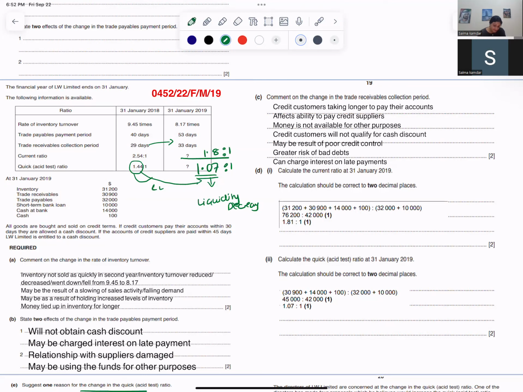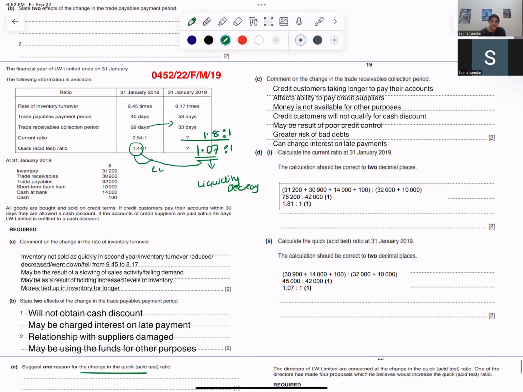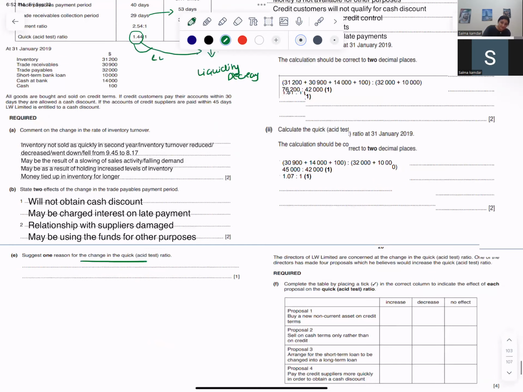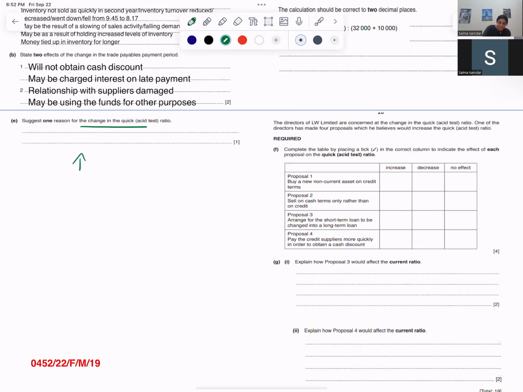What else could be the reason why the quick ratio is decreasing? You can write that the quick ratio is decreasing because there is an increase in inventory.